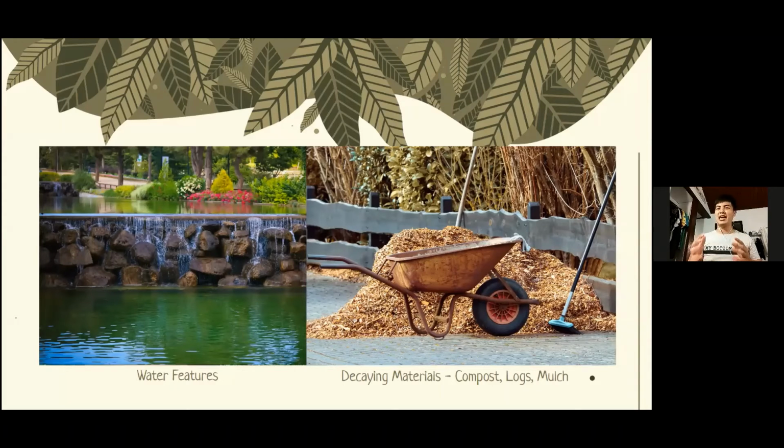And actually, when you have all these water features, usually if you manage them well, you will have fewer mosquitoes. If you have tried to understand the mosquito life cycle, you will understand that they need water.